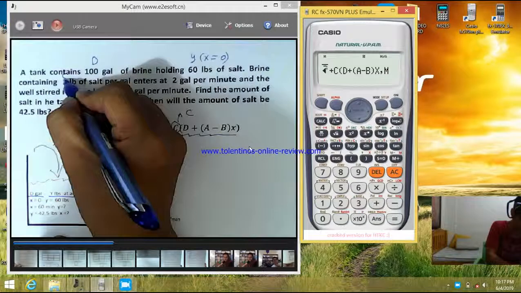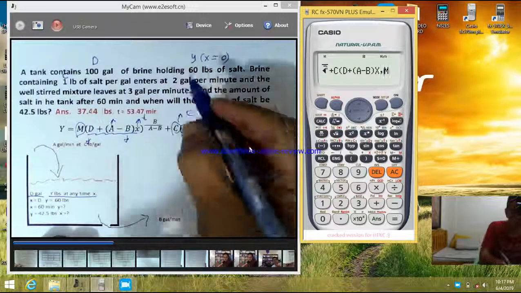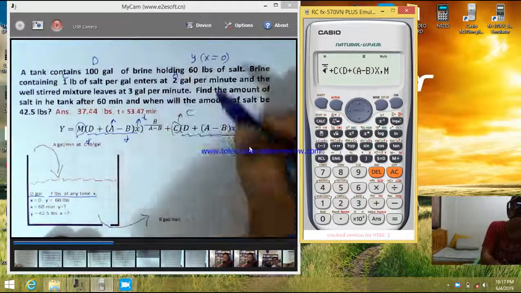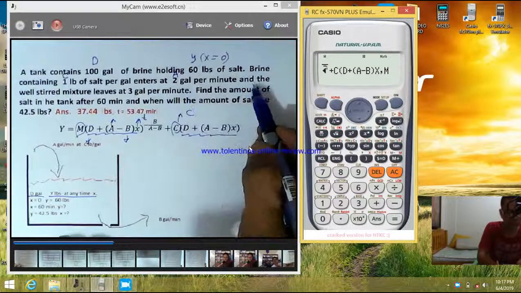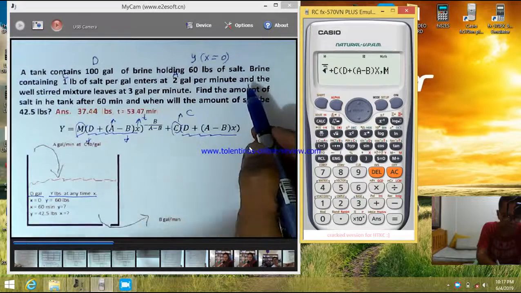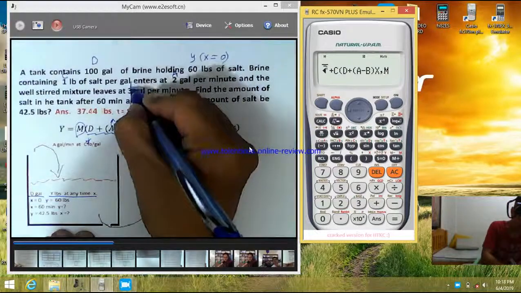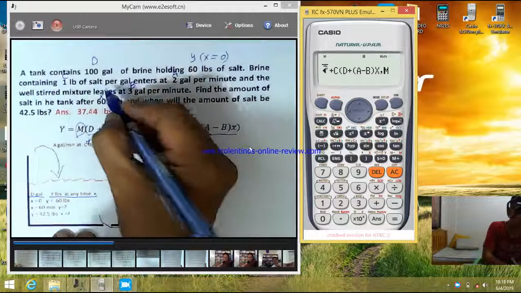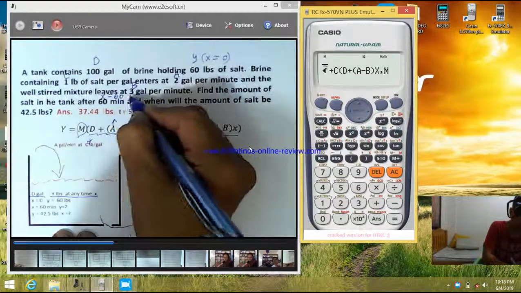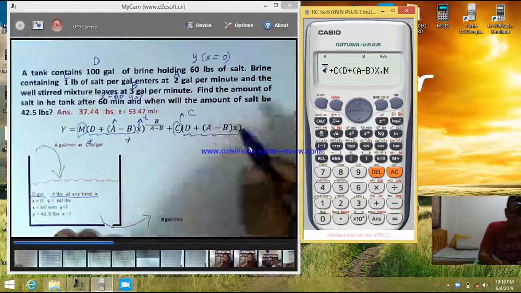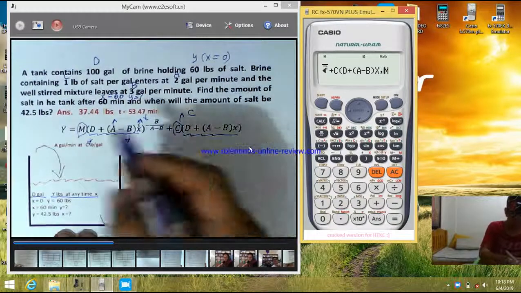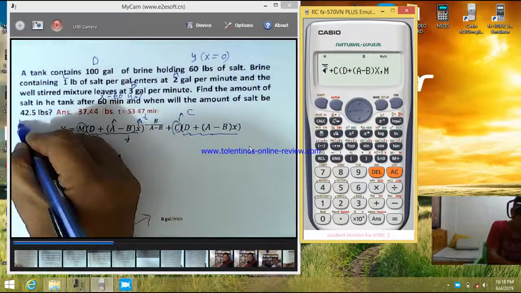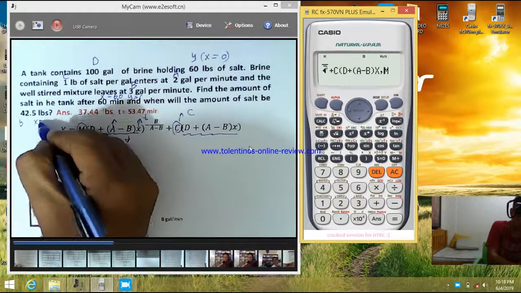This is of course the concentration coming in, that is C, and the amount coming in, that is A, in gallons per minute, and the well-stirred mixture leaves at 3 gallons per minute, that is our B. Now find the amount of salt in the tank after 60 minutes. This is our X equals 60, you're looking for Y, and when will the amount of salt be 42.5 pounds? This is our Y, you're looking for X.